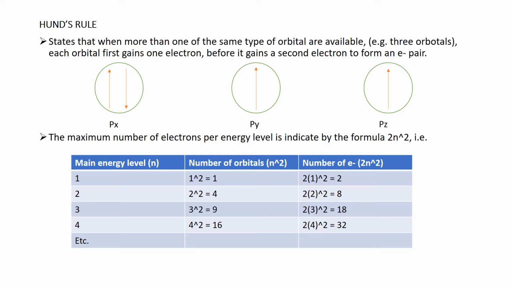So for the first energy level, the number of orbitals is just 1, which is 1 to the exponent 2, which is 1. Then the number of electrons is 2. In the second energy level, we have 4 orbitals and 8 electrons. Third energy level, we have 9 orbitals and 18 electrons, etc.